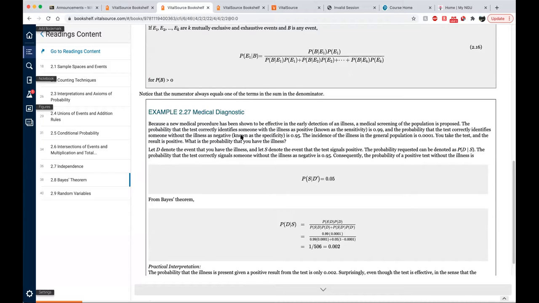The probability that the test correctly identifies someone without the illness as negative, known as specificity, is 0.95. The incidence of the illness in the general population is 0.0001. You take the test and the result is positive. What is the probability that you have the illness?